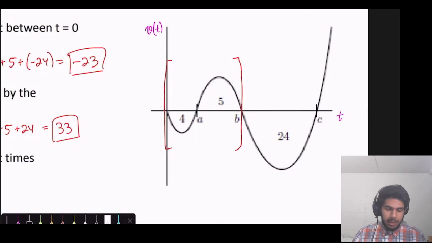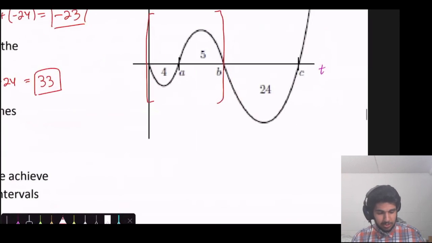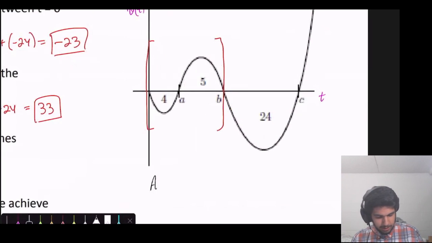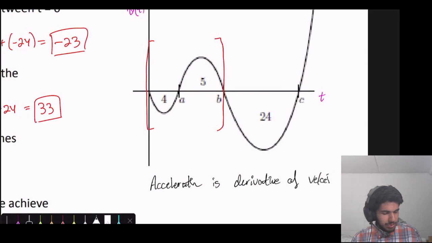So bear in mind that our graph is velocity in terms of time. And from our education on derivatives, we should remember that acceleration is the derivative of velocity.